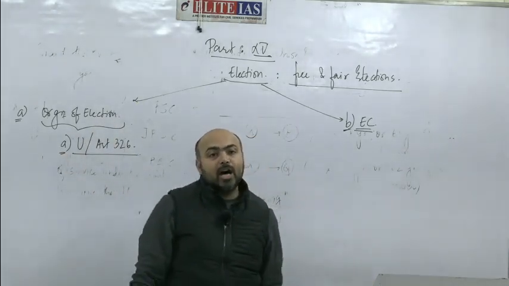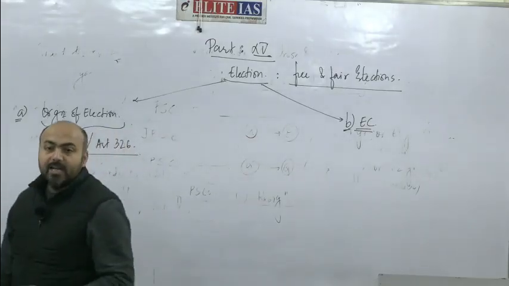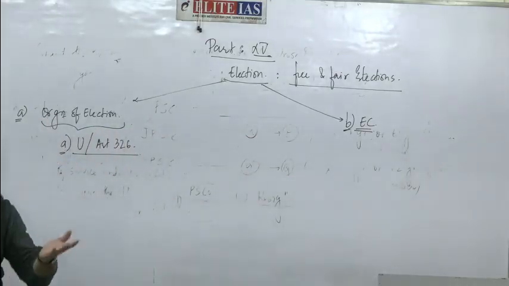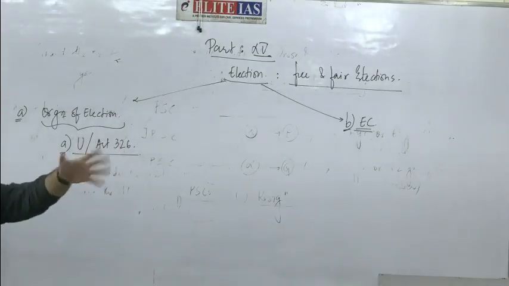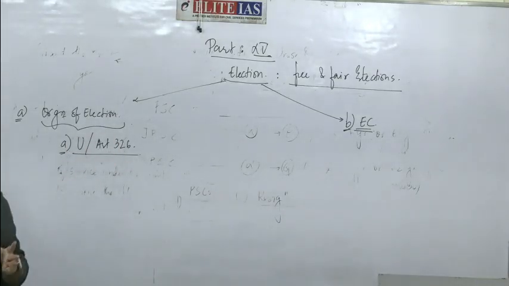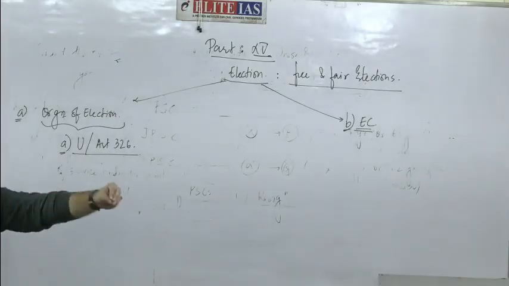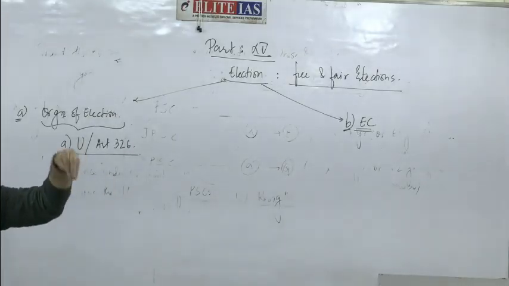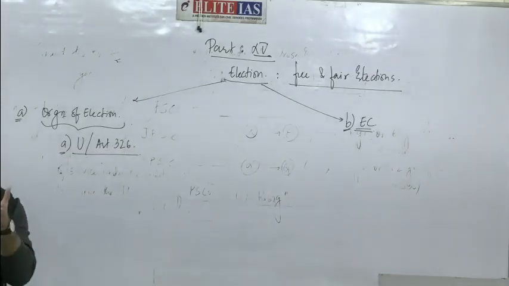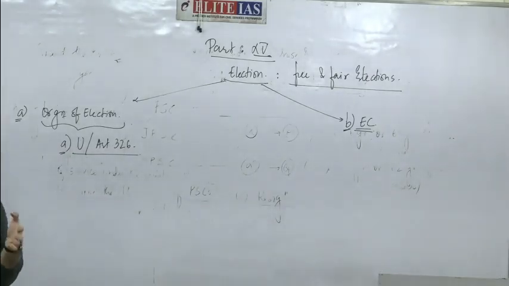Otherwise, if tomorrow you decide to live in whichever state, where you are born does not matter. Whichever state or UT you want, you can be a member of the electoral roll of that particular constituency. So there is absolutely no discrimination shown.